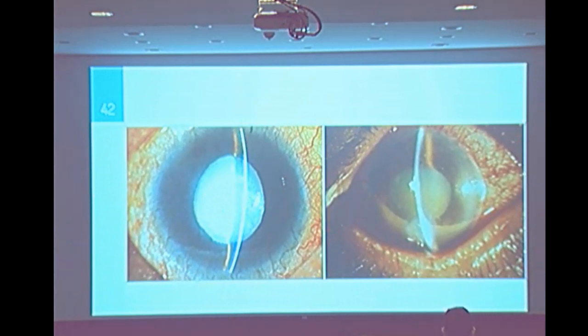So, of course, is the treatment the same for both or not? Why? This one is angle-closure, and this is open. Yes, very good. So what is the treatment in this case? Different treatment. Cataract surgery here.